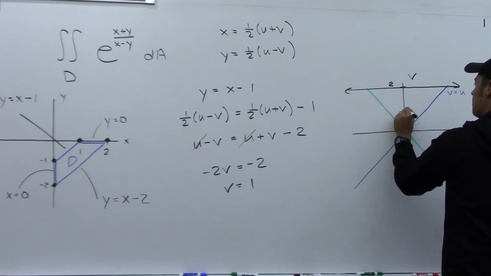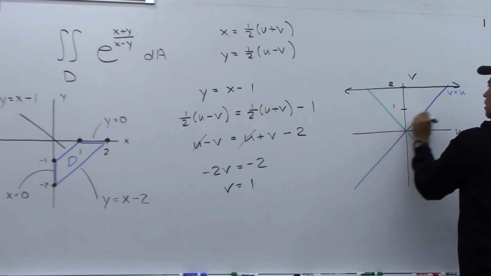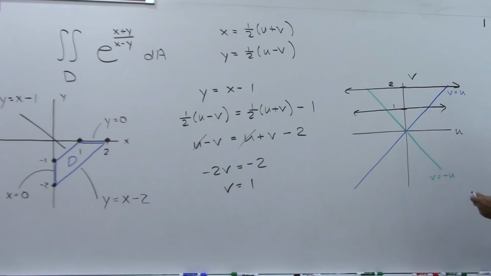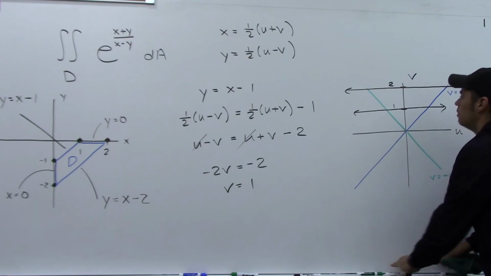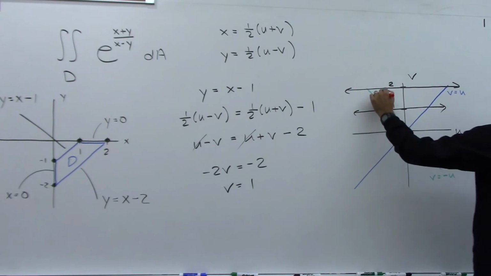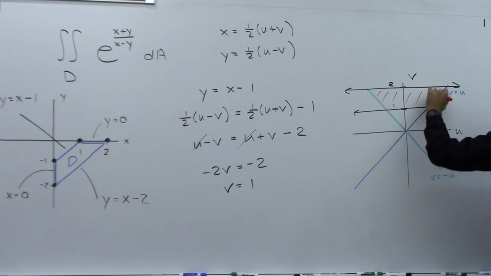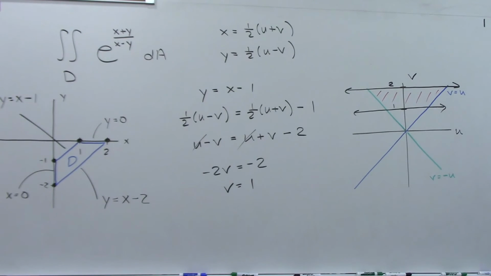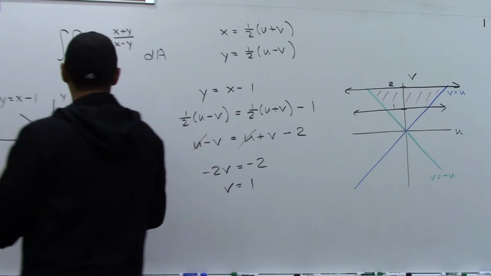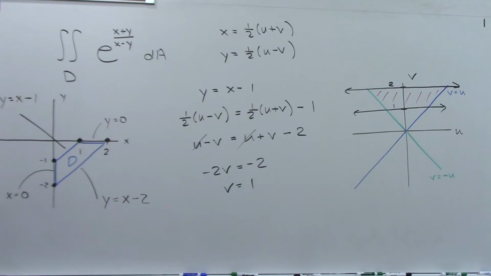So v is 1 is my other line segment here. And it's the region bounded by all 4, so it should be this region right there. And that may not look like a better region, okay, but I think our integration is going to be easier.